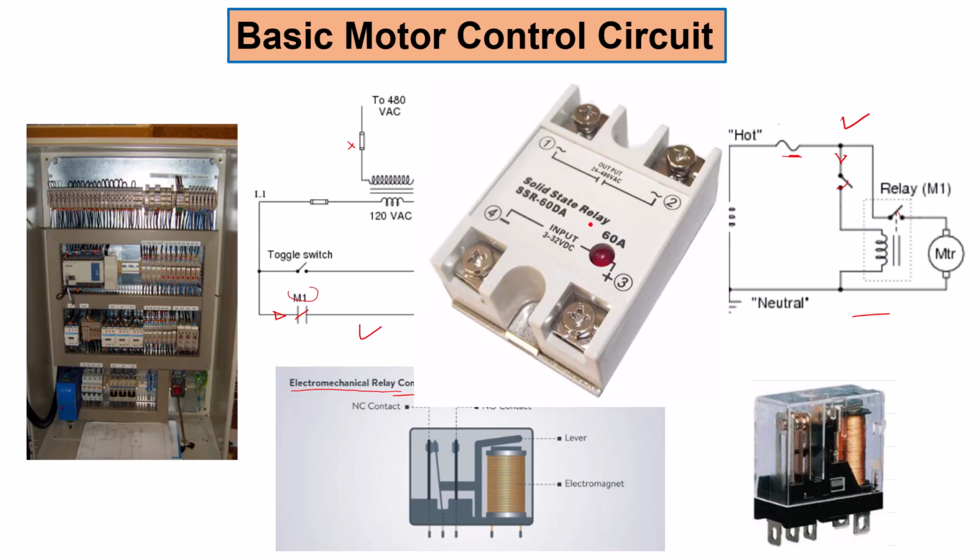But it has a very long life expectancy, so it lasts almost forever, okay? That's the only difference between the two. So if you've got a high budget and you don't have to worry about where the money is coming from, you can go for solid state relays. Otherwise, you can go for electromechanical relays, which are cheap.